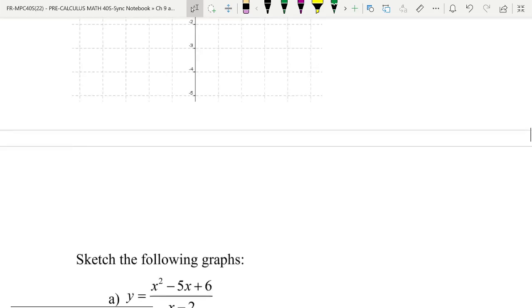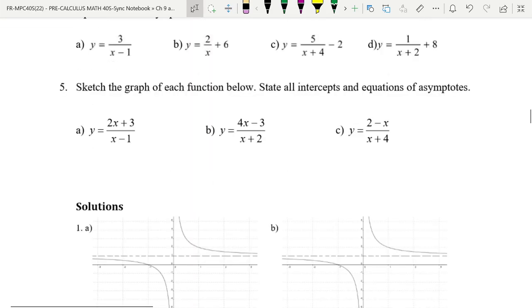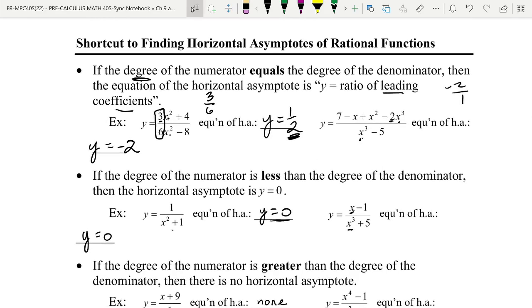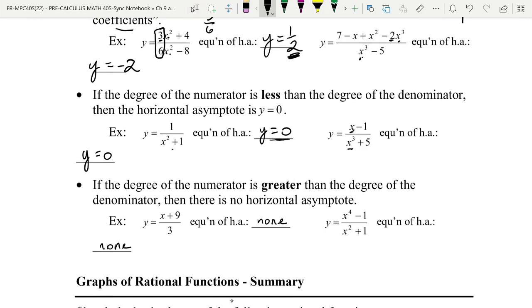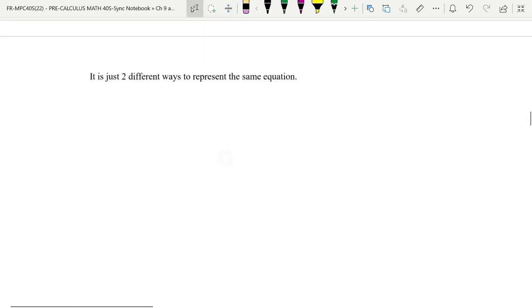Let's go back to the rule again. Which rule are we? Rule 1, Rule 2, or Rule 3? Rule 1, the degrees are the same. Rule 2, the denominator is bigger. Rule 3, the numerator is bigger. So which one do we have here again?